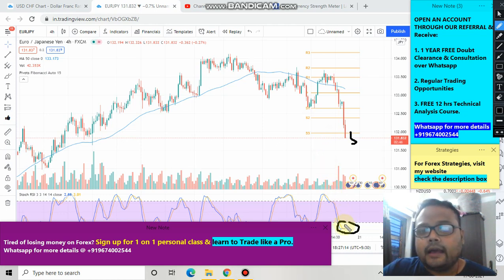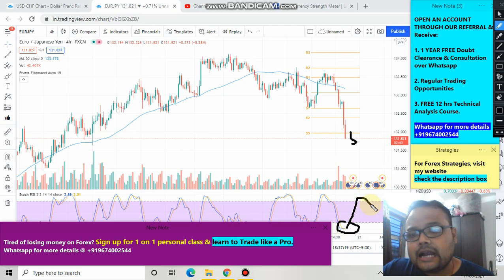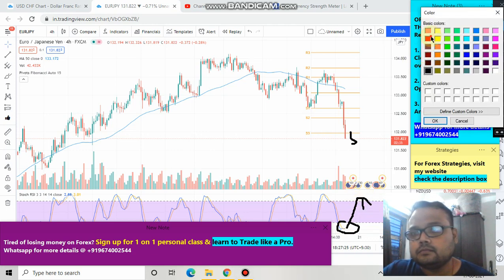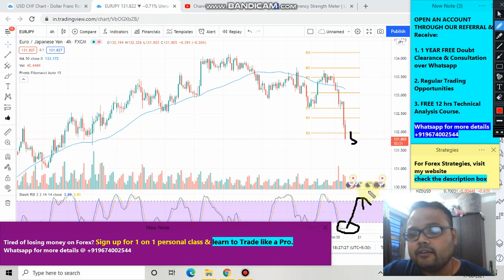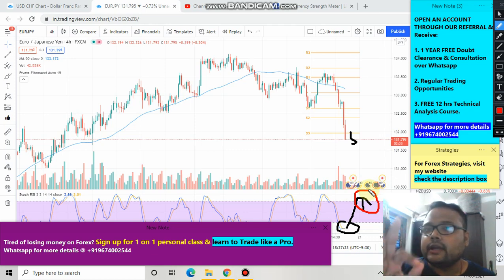If possible, wait for the stochastic RSI to go to the overbought zone. When the stochastic RSI is going down again from the overbought zone, then just look at the chart.